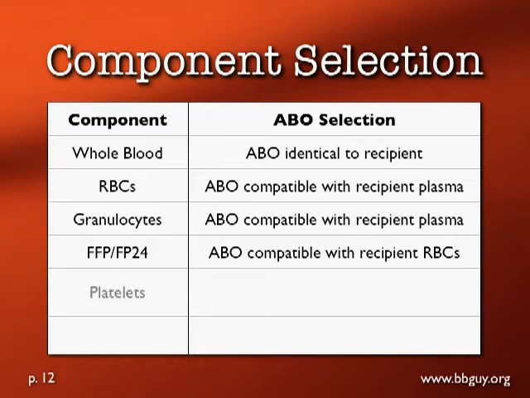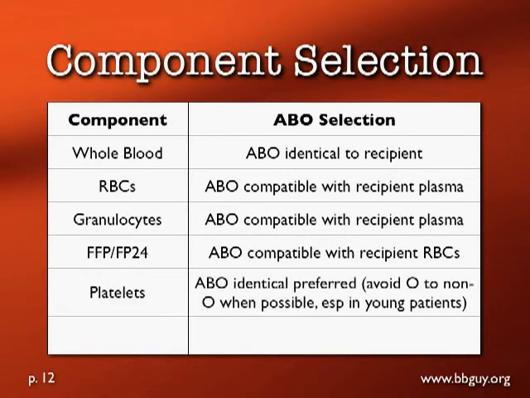Platelets, on the other hand, you will read people say things like, it doesn't matter with platelets, and some people treat them that way. I will tell you that the preponderance of data that I see out there right now suggests that ABO identical is best with platelets, not only for reasons of a good response to the platelets, but also for potential reasons of hemolysis, especially in situations where group O platelets are going to non-group O recipients.